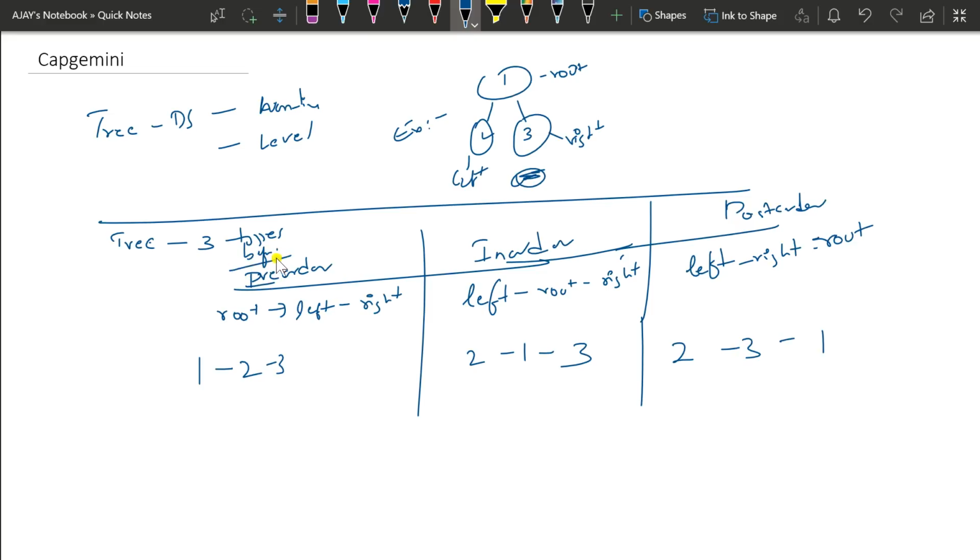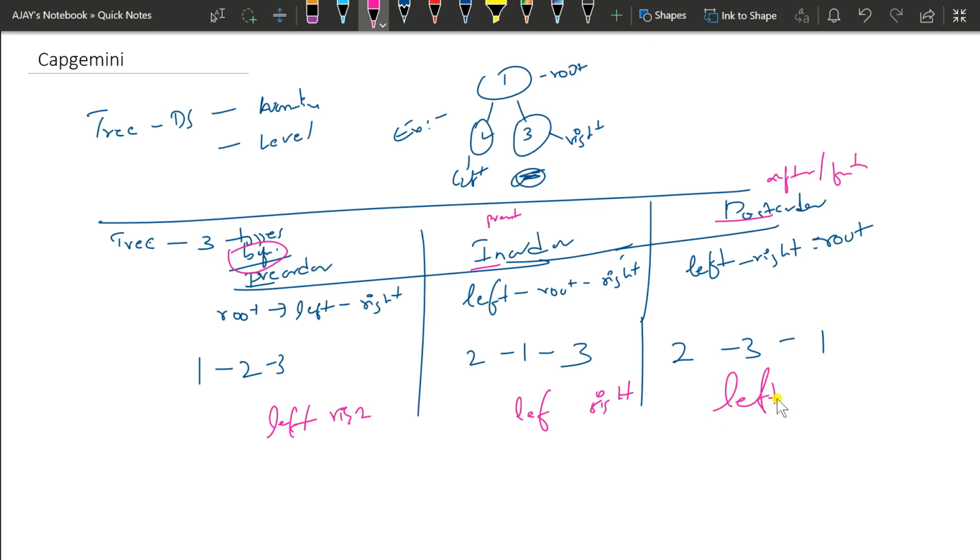The basic trick to remember root, left, right is, you know that pre means before or past, in means present, and post means afterwards, or you can say future.